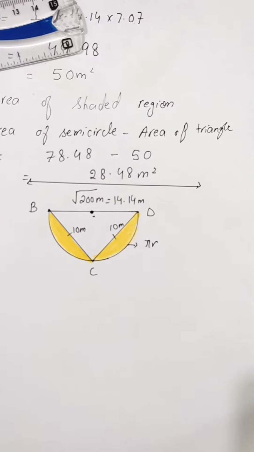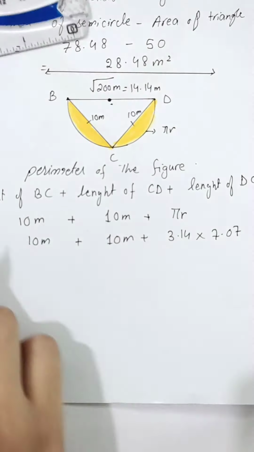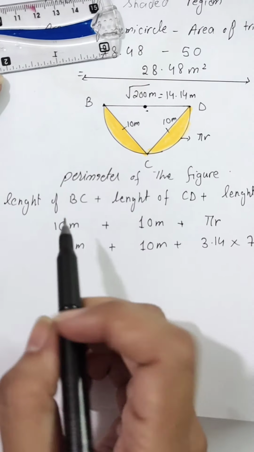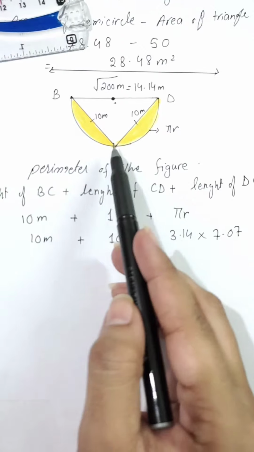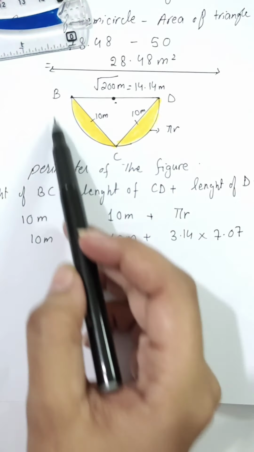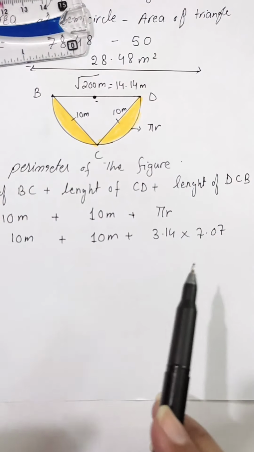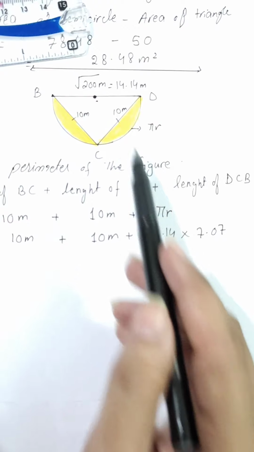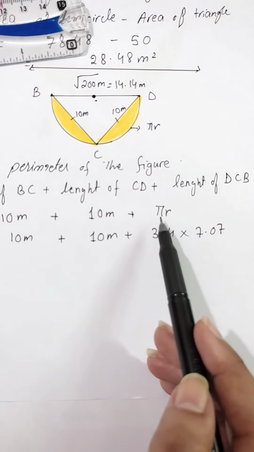Now we will write the formula. Look at this: perimeter of the figure equals length of BC, B to C, plus length of C to D, and then length of DCB. Actually, DCB is the circumference of the semicircle, and we can find DCB with the help of the formula pi r.